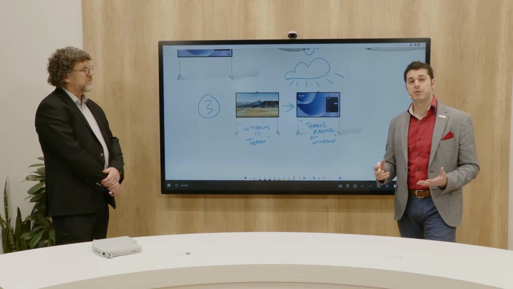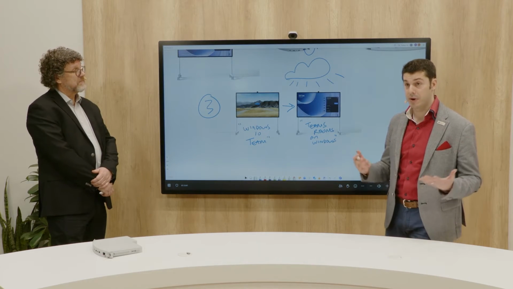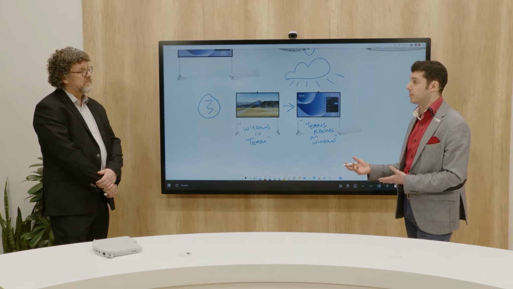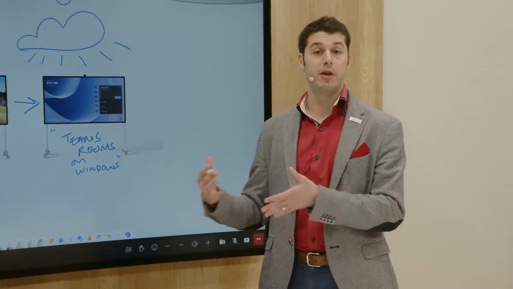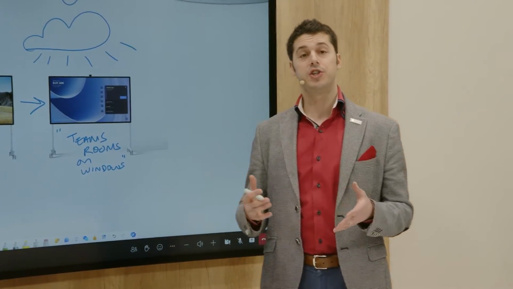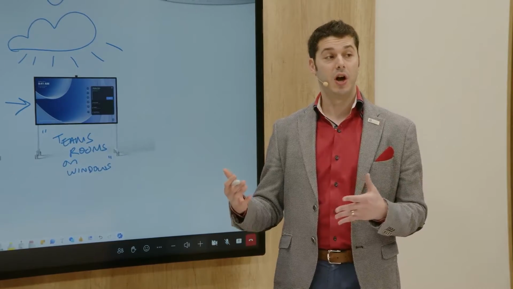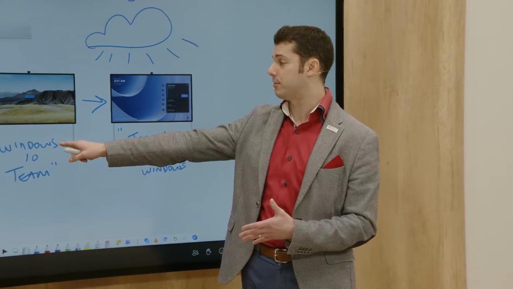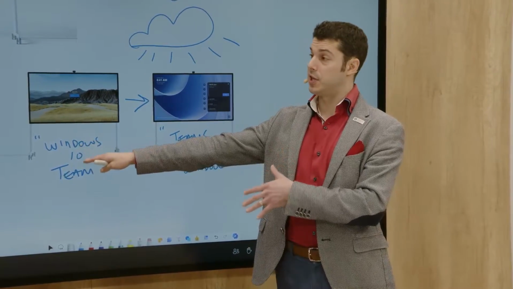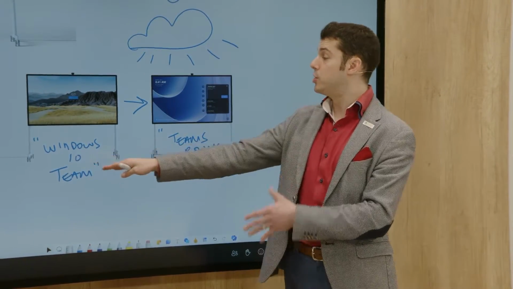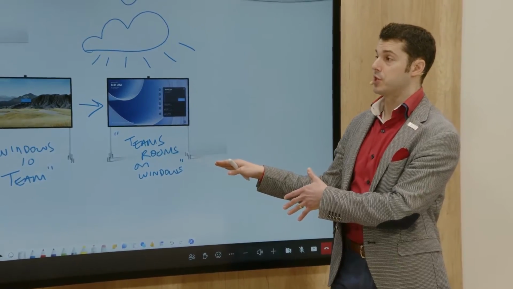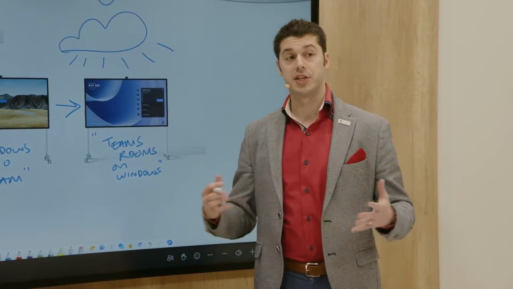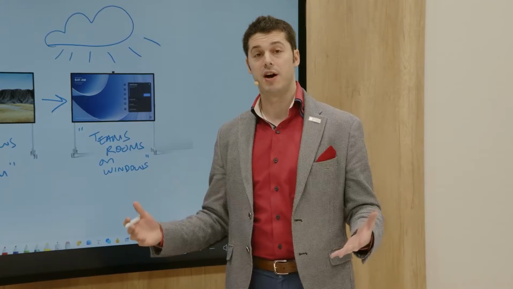And then for those customers that might want to try out the Microsoft Teams Rooms experience on their Surface Hub 2S first, or who may be waiting for the budget to get new hardware, we also have a software-only approach whereby customers can software migrate their existing Surface Hub 2S devices from the legacy Windows 10 Team operating system to the new Microsoft Teams Rooms on Windows experience and get basically the same exact user experience and software configuration.